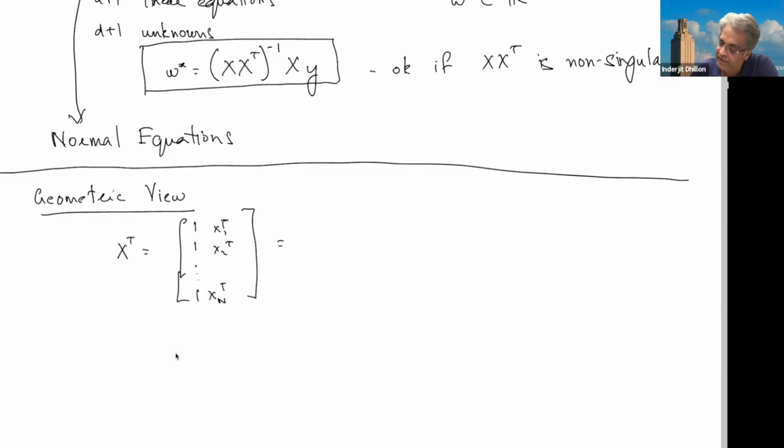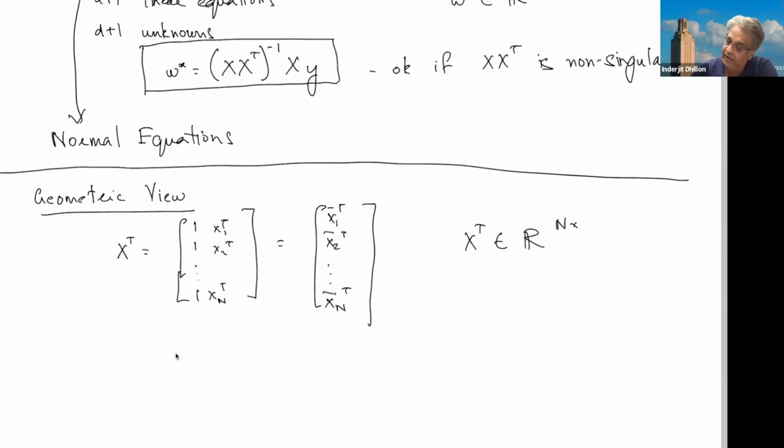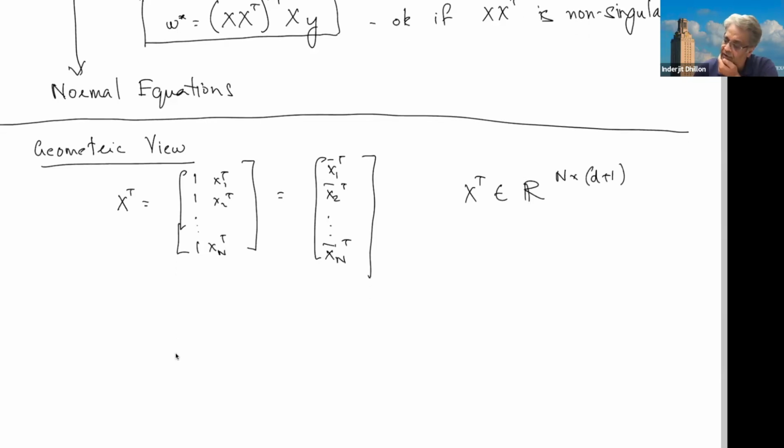And if I write these as X bars, then I have X1 bar transpose, X2 bar transpose, through Xn bar transpose. Remember my X transpose is N by D plus 1, and what I want is that my X transpose W is approximately equal to Y.